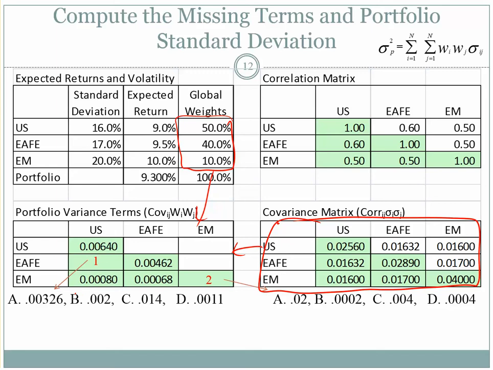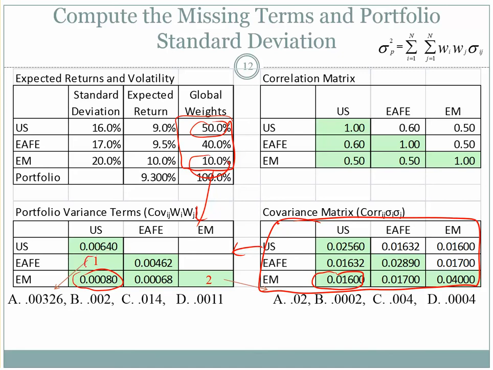So for example, if we're looking at, say, this number, the term which is EM with US, I would just take the EM covariance term times the US weight and the EM weight, and that product of those three numbers would be 0.008.